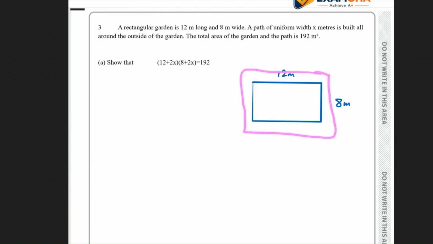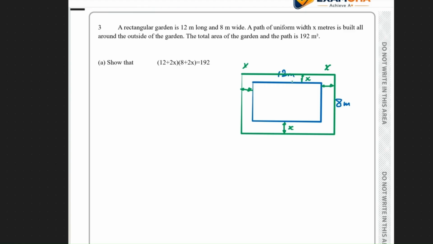So if I say this is the path along around the rectangle, and I know this one has x meter, this x meter here, this one x meter, and this one x meter. It's built around the outside of the garden.